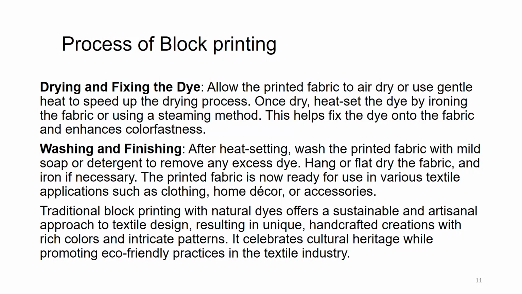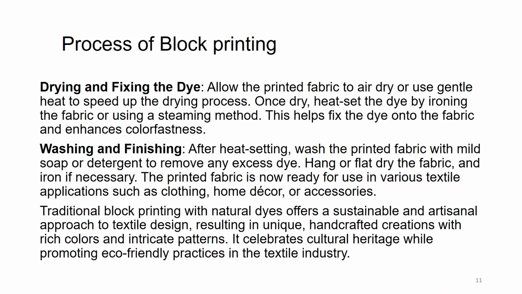Drying and fixing the dye. Allow the printed fabric to air dry or use gentle heat to speed up the drying process. Once dry, heat set the dye by ironing the fabric or using steaming method. Now, this kind of curing is a must, otherwise the pigment will not impregnate into the fabric.